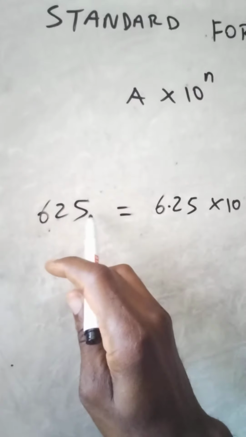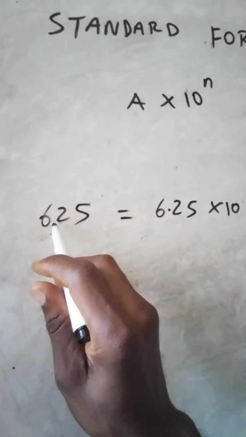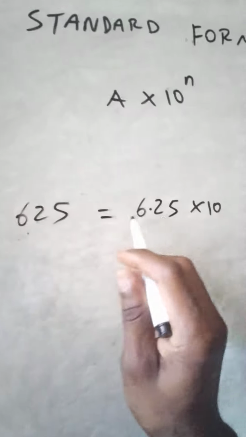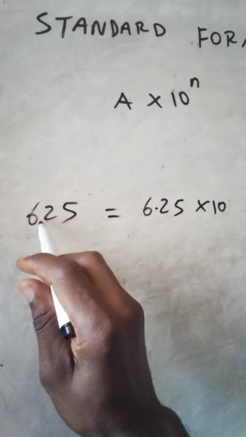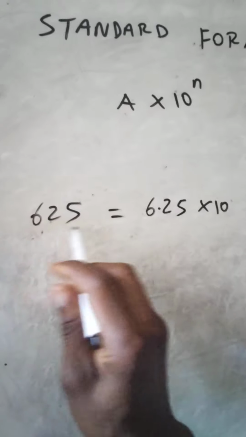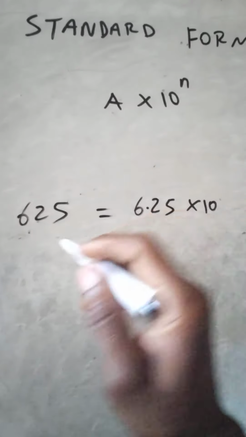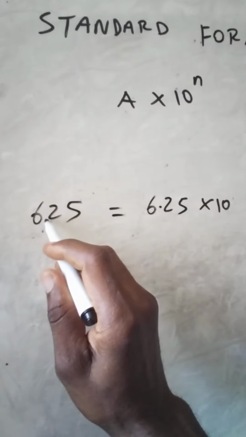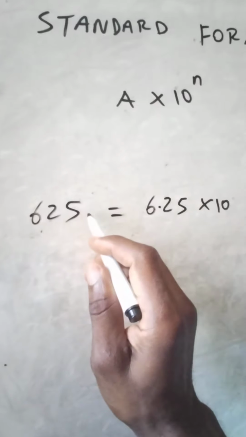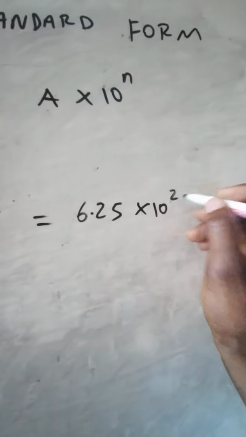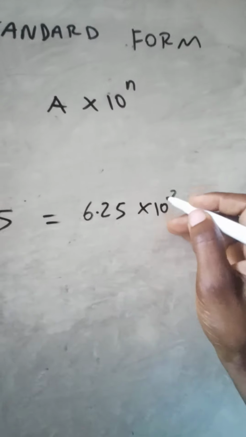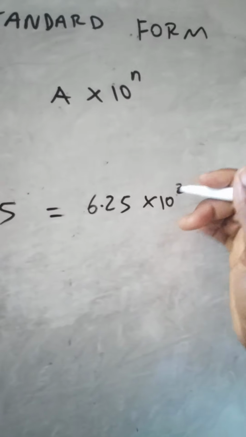Now you move it to here. So which direction do I got to move to get to the original number, and by how many times? You go like this, 1, 2. You move 2 places to the right. Because it's 2 places, you put the 2 right there. And because it's to the right, it's positive.